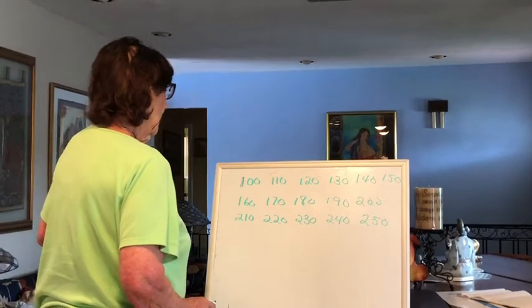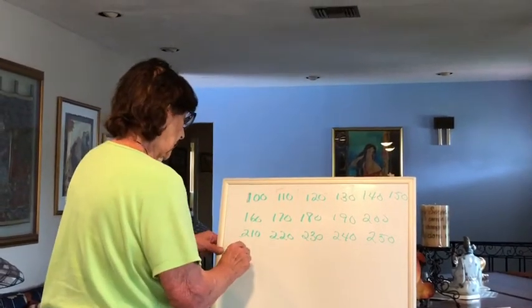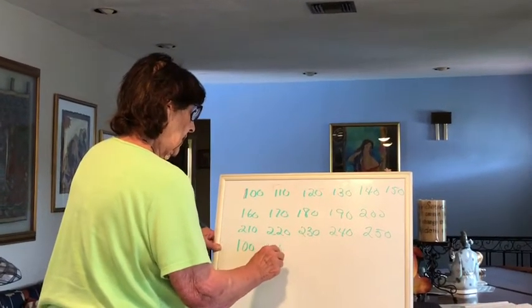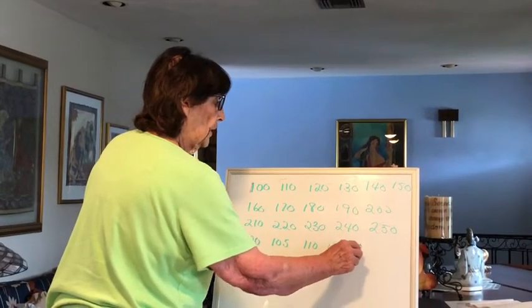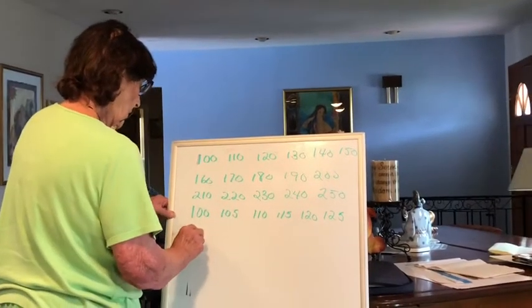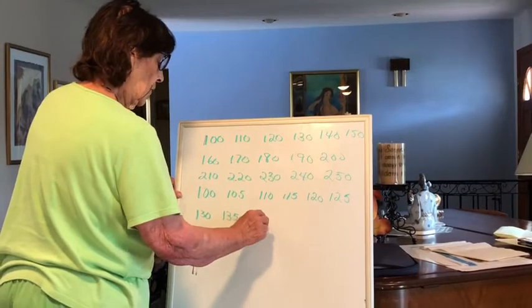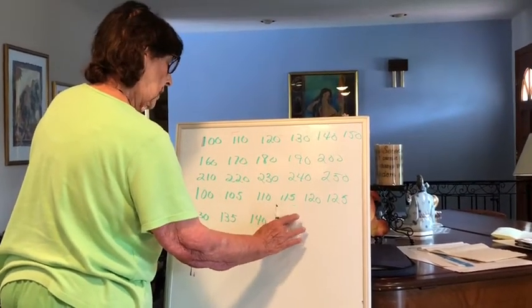All right, let's count from 100 to 200 by 5s. Okay, 100, 105, 110, 115, 120, 125, 130, 135, 140, 145.